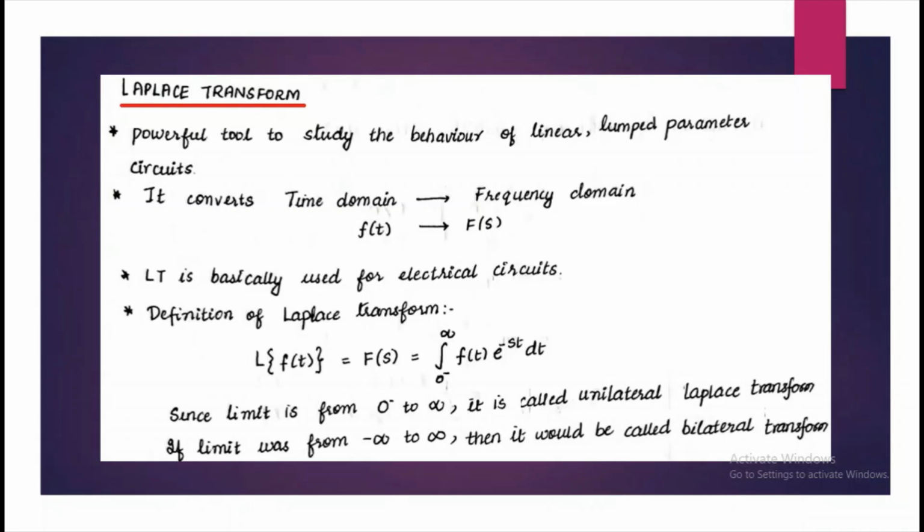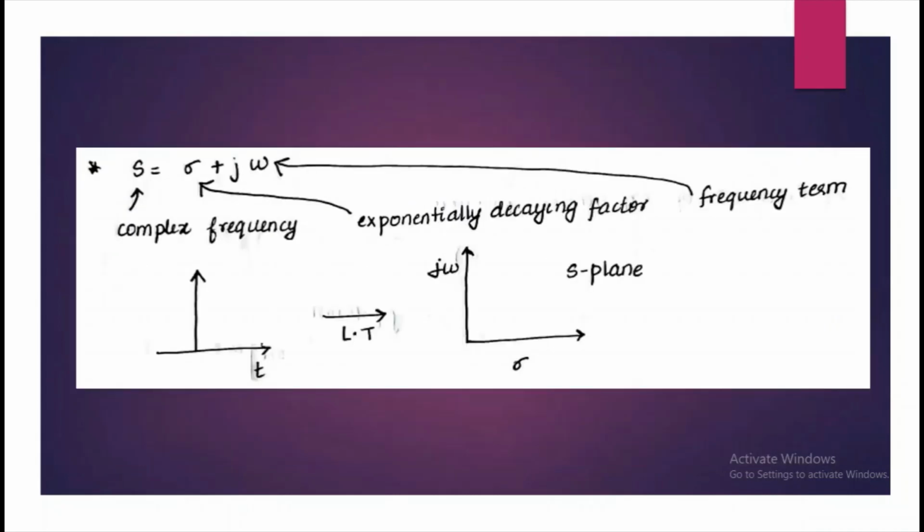0 minus means it is present just before 0. So, it ensures that the value 0 is also included in the integration. By doing Laplace transform, we can convert our signal from t domain to s plane or s domain.